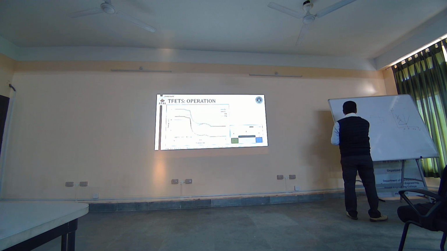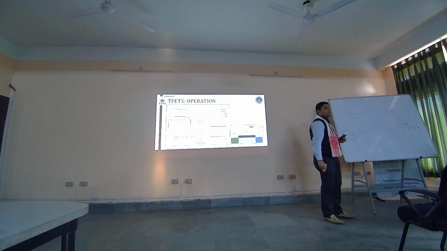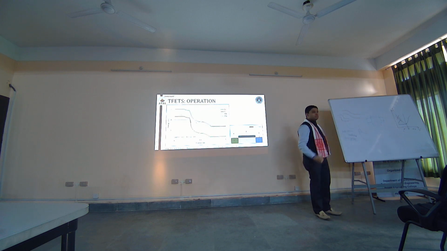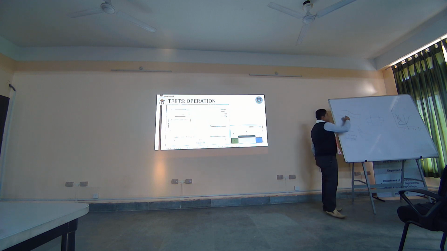It will become like this. If you have higher doping concentration, it will become like this. Right? So it means that if I can somehow alter the doping concentration here, I can change the slope of this band bending, isn't it?